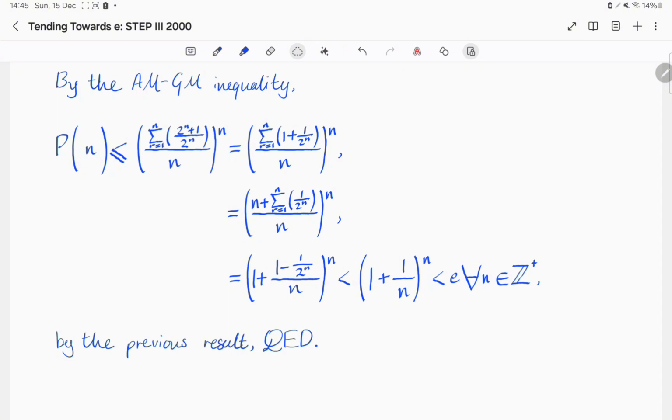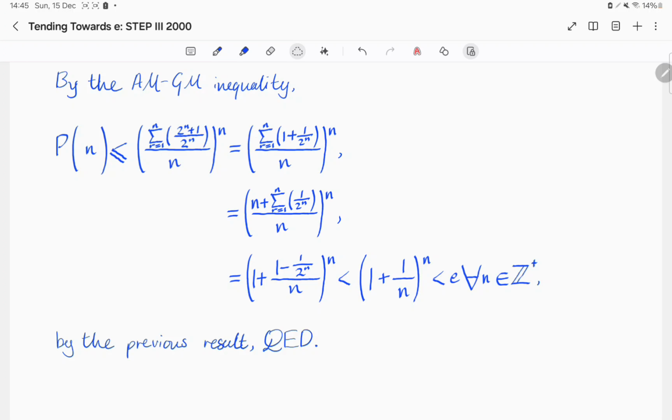Now let's move on to part 2. By the AM-GM inequality, we have that P of n is less than or equal to the sum from r equals 1 to n of ((2 to the n plus 1) over 2 to the n) all over n, all to the power of n.